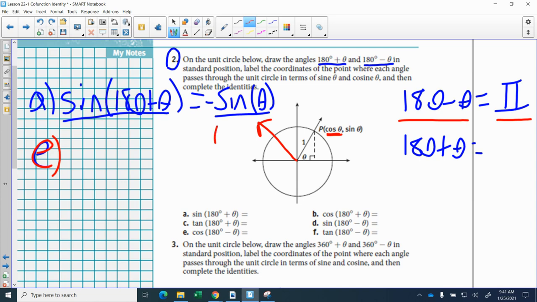In that region, I'm thinking, okay, you have a negative x and a positive y, because I'm going left and up to actually plot that coordinate.